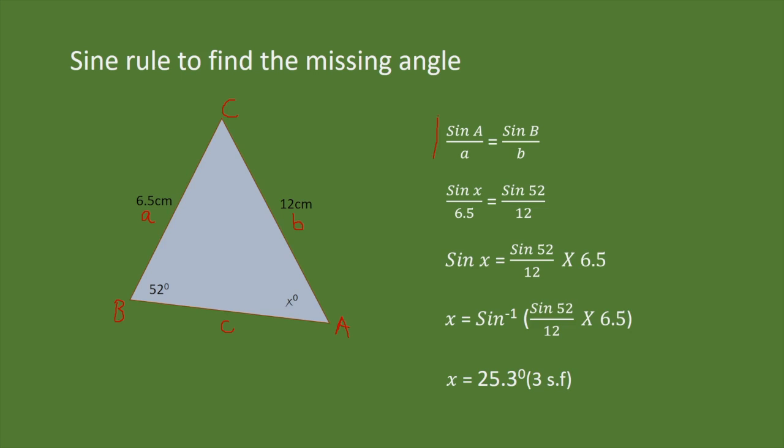Now let's use the rule: sine A over a is equal to sine B over b. Here you must be noticing that I have brought sine A to the top.